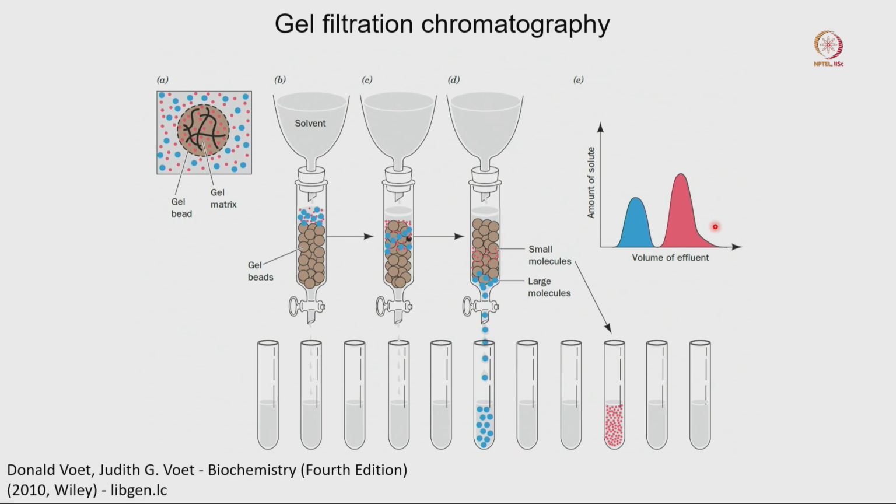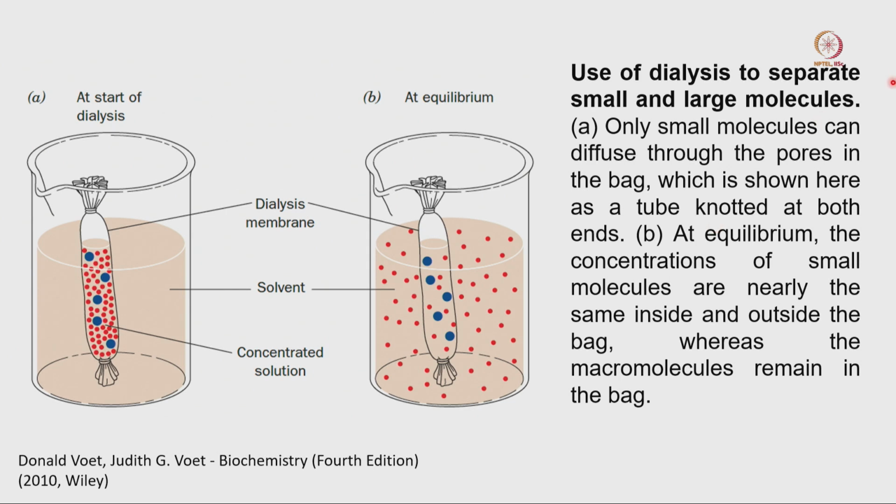We will discuss membrane protein sample preparation and why detergent is important later. Sometimes we use detergent, sometimes salt, sometimes glycerol, and now we have to remove that salt or glycerol from our sample. So what is the best way to do it? Here, that is called dialysis, to separate the small or large molecules.